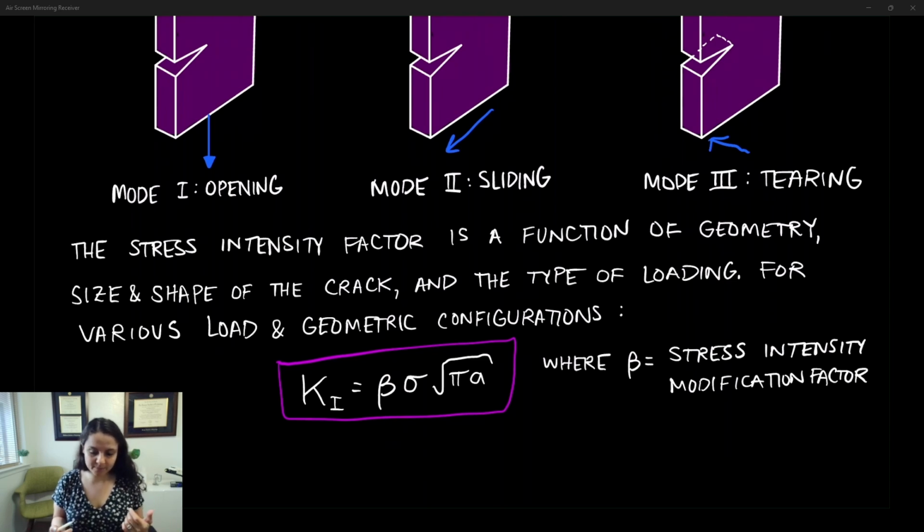So for example, our previous equation just worked for an infinitesimally small crack inside of an infinite plate, right? But let's say that we have a circular rod, maybe we have a tie rod, or maybe we have a connecting rod inside of your engine, and it's just this cylindrical rod, but it's got a little nick in the side of it, maybe just a penny-shaped kind of crack.